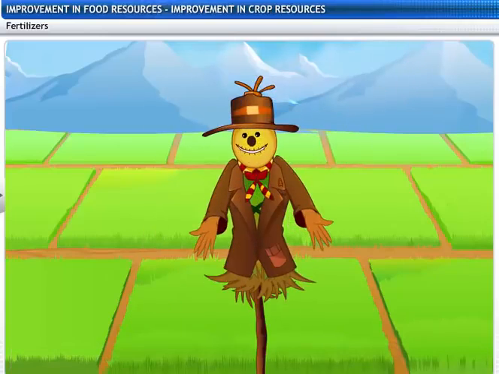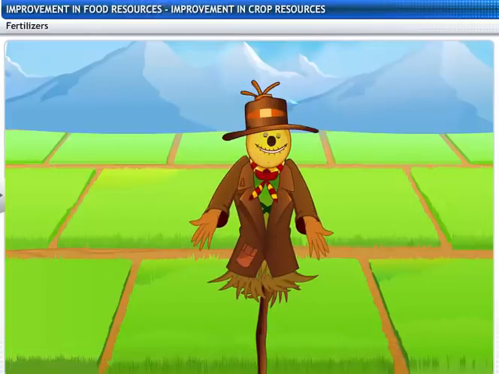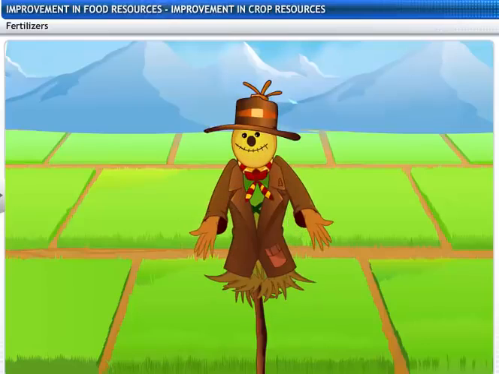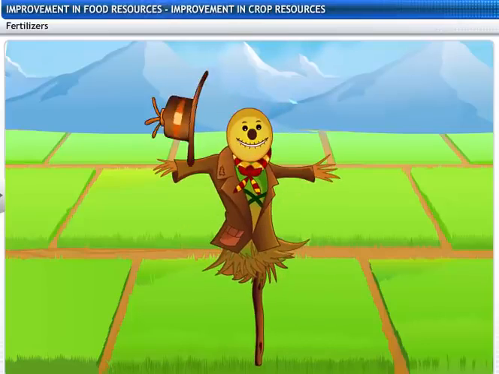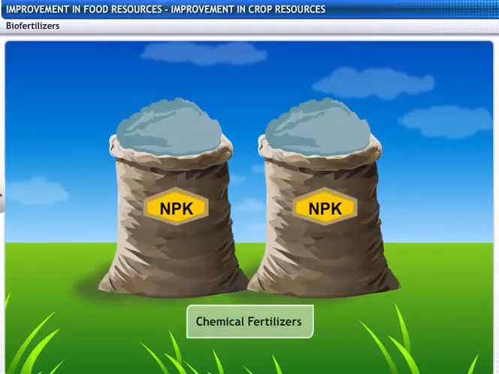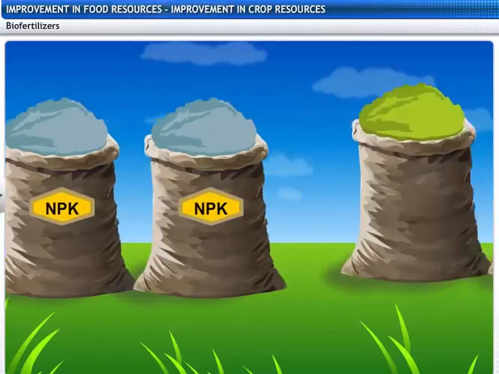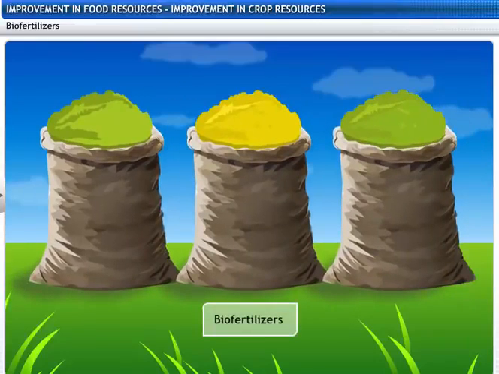But I have seen that the continuous use of fertilizers kills useful microorganisms and even destroys soil fertility. What about that? That is why the chemical fertilizers are being replaced with biofertilizers. These are some biological agents used in organic farming.